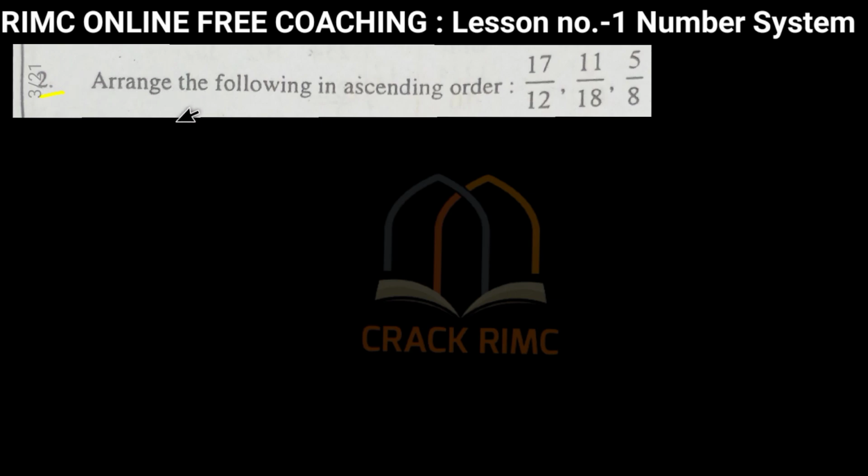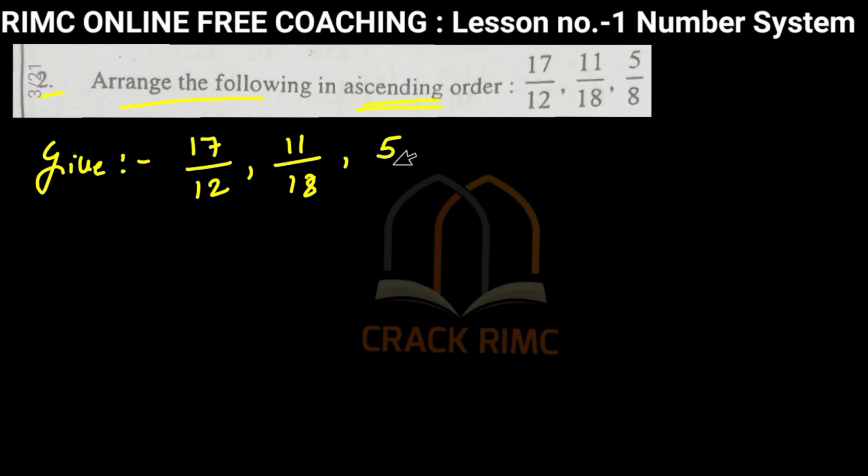Question number 2. Arrange the following in ascending order, and we have been given 3 numbers. We will start with the given. Under given it will come 17 upon 12, then 11 upon 18, and 5 upon 8.